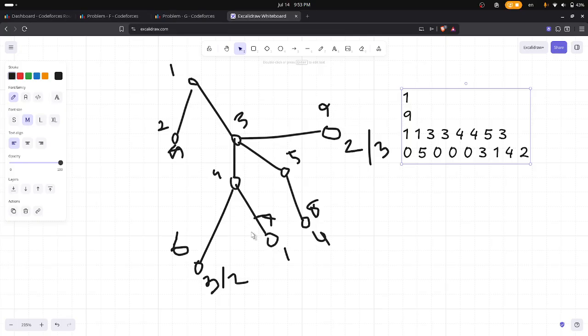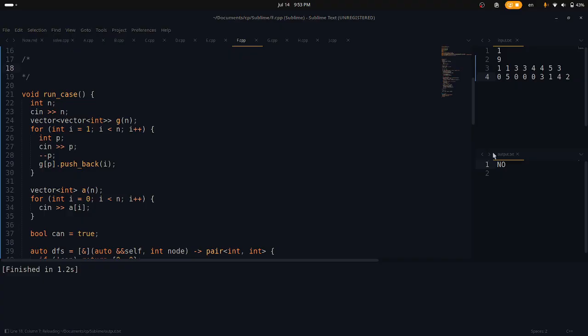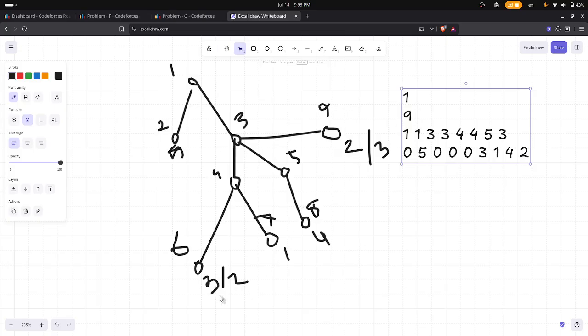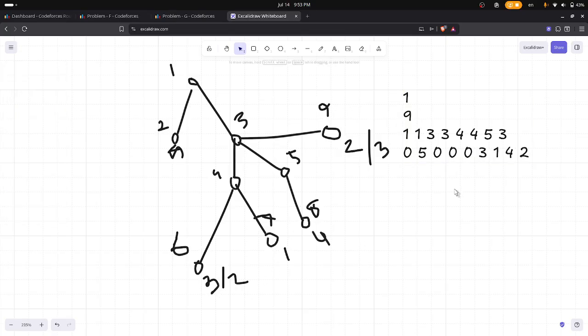Right, but if we just switch 3 to 2, this is 2 and this is 3, then it should be yes. Okay, then this is a problem. Right. 2, 3 is 1, 4, 5 is 3, 6, 7 is 4, 8 is 5, 9 is 3.